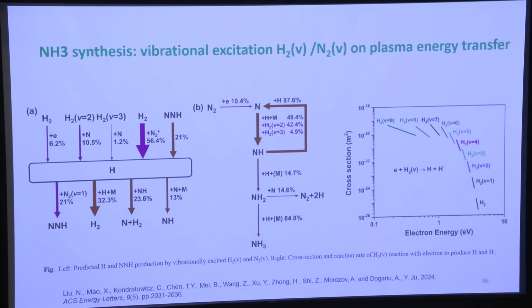The question is how we can control the plasma to selectively create hydrogen at vibrational levels of 4, 5 and above, which will dramatically facilitate the process. This kind of modeling and elementary chemistry gives some hints about what needs to be done in this kind of plasma process.